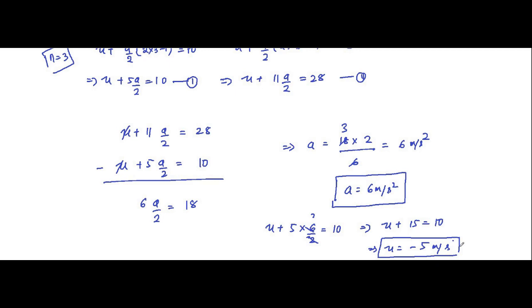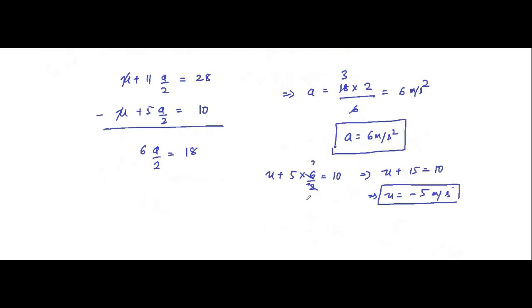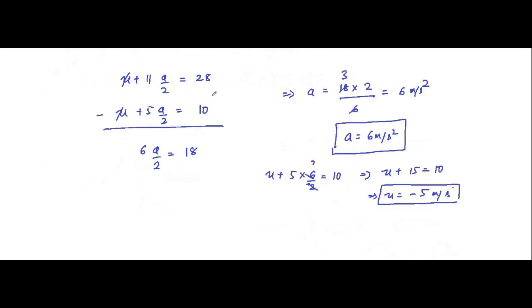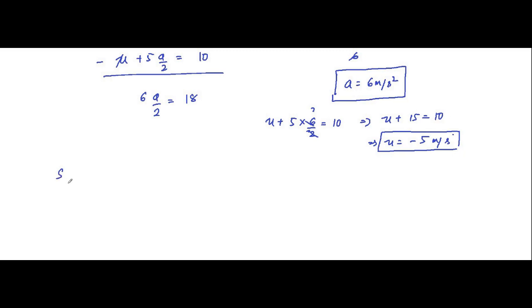So here, if we put these values, we have been asked to find the displacement in the 7th second, that is S7, that is equal to u plus a by 2 into 2n minus 1 for n is equal to 7, which is equal to minus 5 plus 6 by 2, 2 into 7 minus 1.